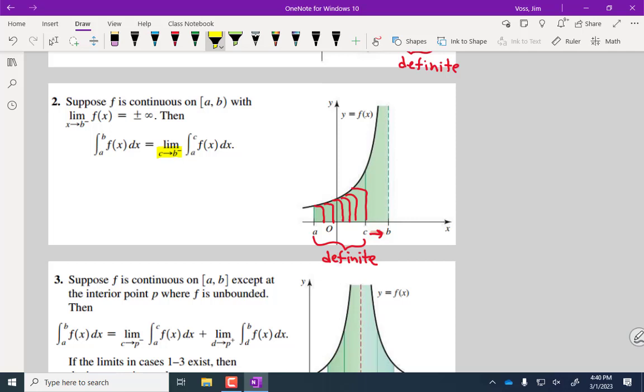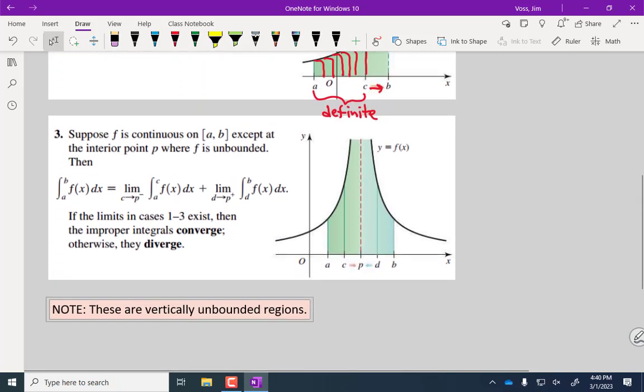If the asymptote's on the left, we're approaching from the right. And very similar to the double tail, if you have the asymptote in the middle, then you have to treat it as two separate improper integrals and add them together. The only way the cumulative area is finite is if both are finite. If one is infinite, then the whole thing is infinite.